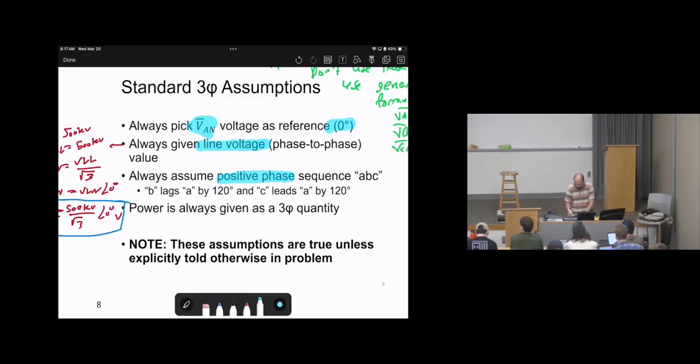Then the last thing about the assumptions: the power is always given as a three-phase quantity. What does this mean?